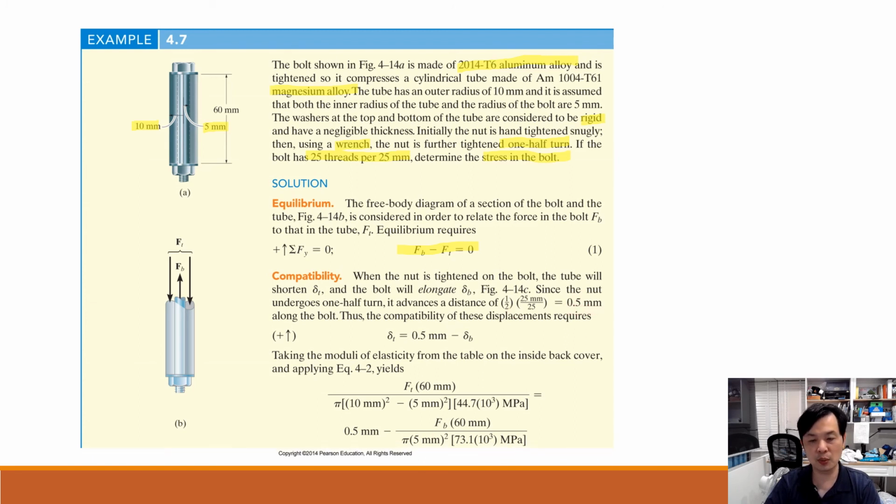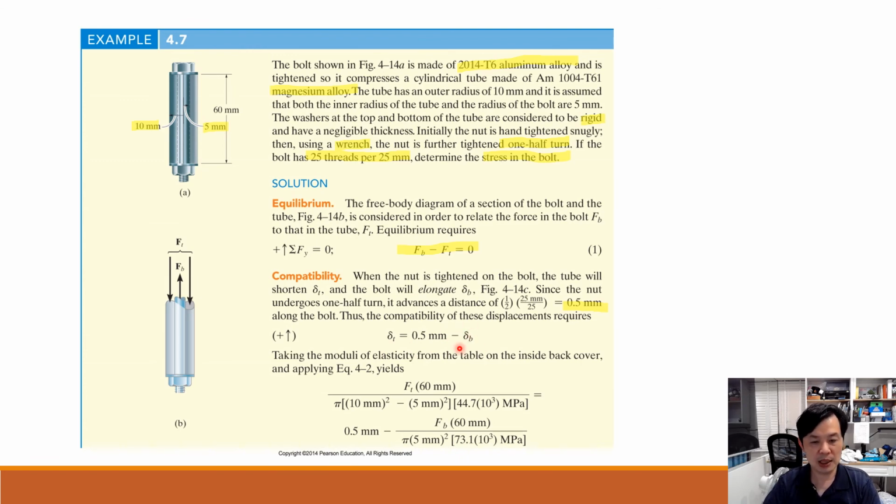One thread gives you 1 millimeter of displacement, so in this case you only move 0.5. But this one is a little bit tricky because 0.5 actually comes from two parts. One is the shrinkage of the tube, the other is the elongation of the bolt. The combination of them gives you this relation: delta T equals 0.5 minus delta B.